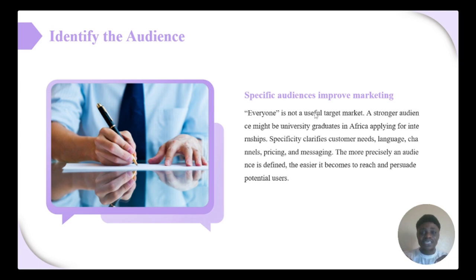Specificity clarifies customer needs. It shows clearly what the customer needs are. Specificity also clarifies language, channels, pricing, and messaging. So the more precisely an audience is defined, the easier it becomes to reach and persuade potential users.